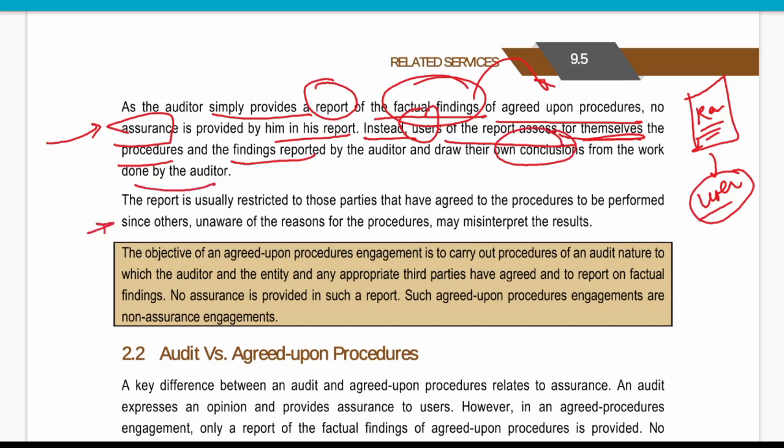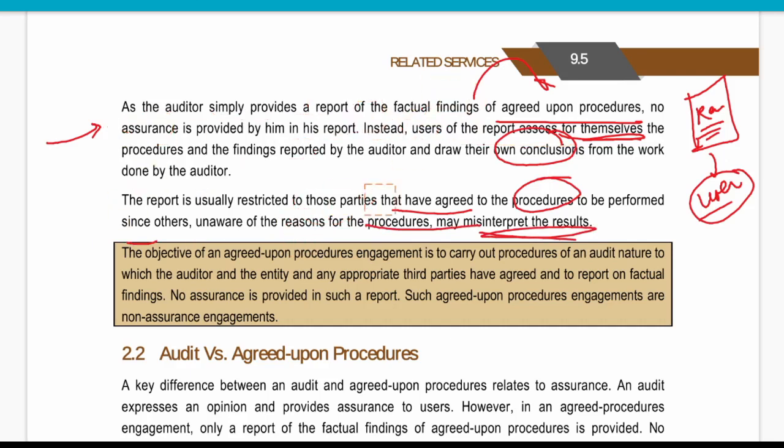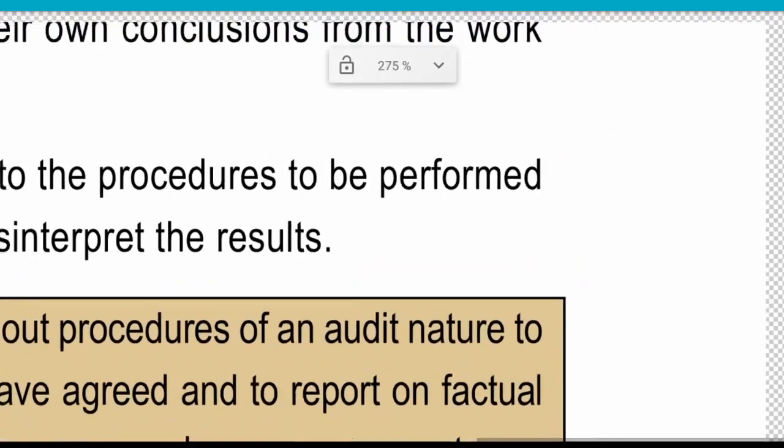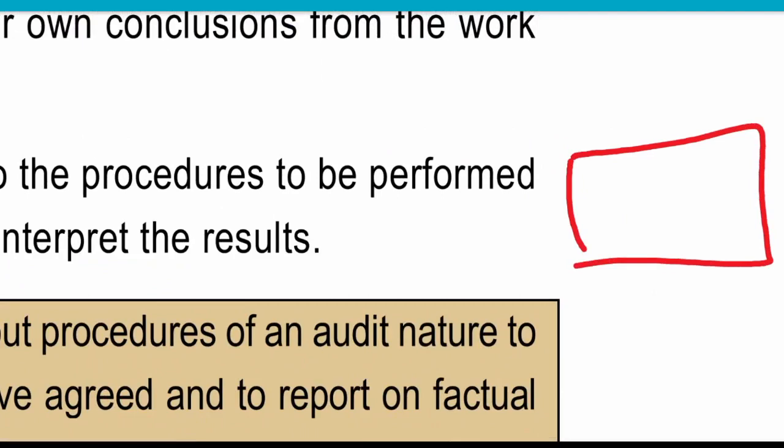The report is usually restricted to those parties that have agreed to the procedures to be performed, since others are unaware of the reasons of performance and may misinterpret the results. So normally these agreed upon procedures are done only for certain parties, not for the general public. Okay, so only those certain parties, suppose maybe creditors, know why this particular report has been put in place.